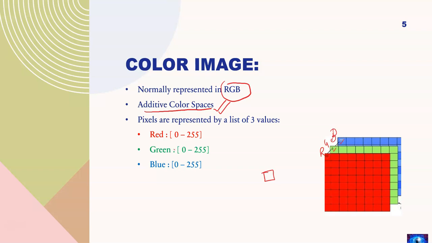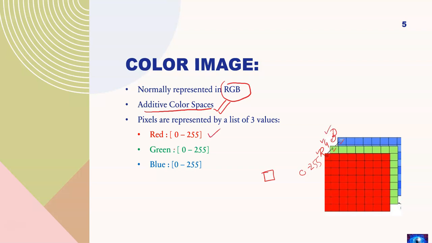Here also, just like the grayscale image, each pixel will have a value between 0 and 255, but it will be for that particular color only. In grayscale it was black, but here it will be based on the channel. The first is R, which is red, then green, then blue.